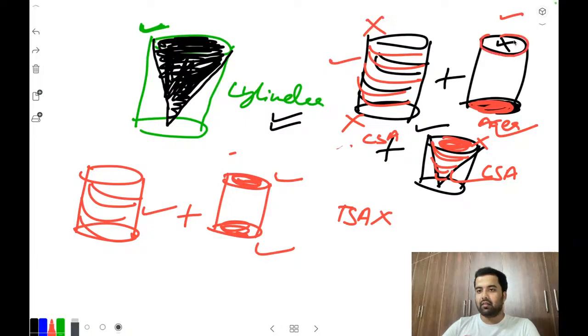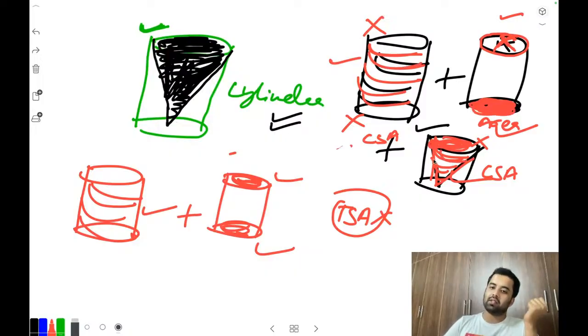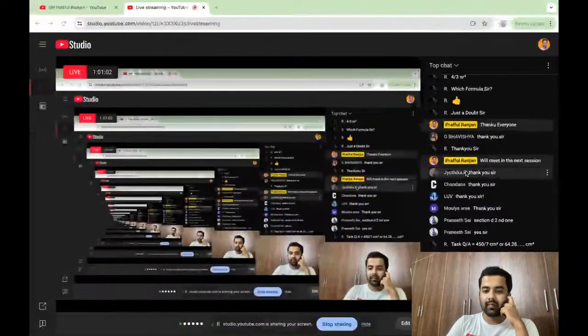The top part we are not taking because we have a hole here from the top end. The bottom part is totally closed, but the top end is open because the hole is there inside. We kept the hole like this and it forms a cone. That's why we can't take TSA here. First step: curved surface area, then circle area, and then curved surface area of a cone. Okay.